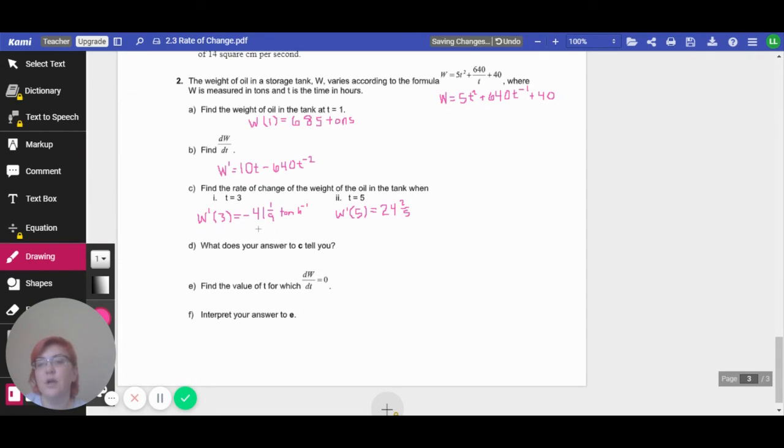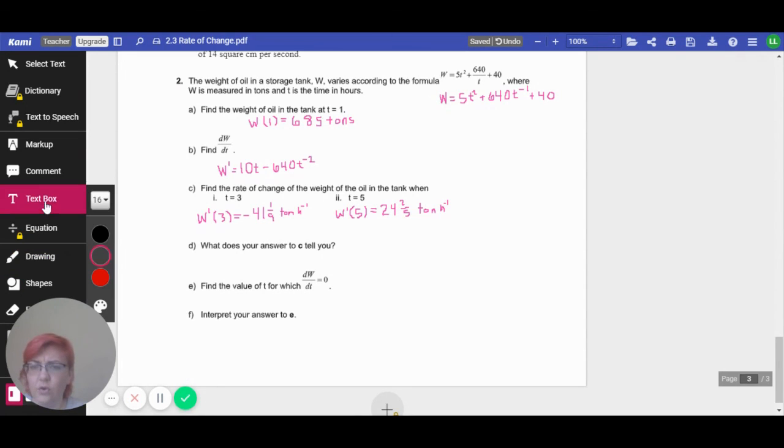So here I'm losing oil at a rate of 41 and 1/9 tons per hour. But at 5, I am gaining oil, or the weight of oil is increasing at a rate of 24 and 2/5 tons per hour.